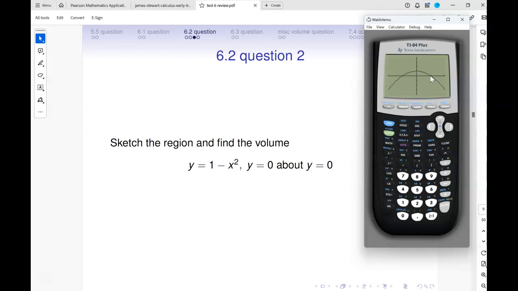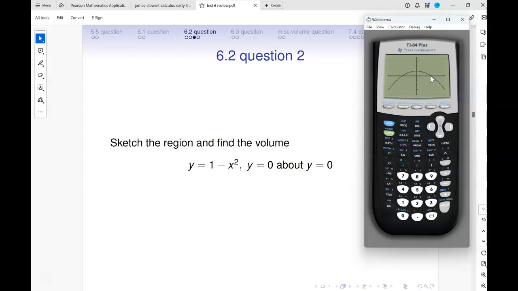So how do you know which one to integrate? If you're rotating about a horizontal axis, that means the circle you're creating is this way. So you have to slice perpendicular to that. As you're slicing, you're moving from left to right.